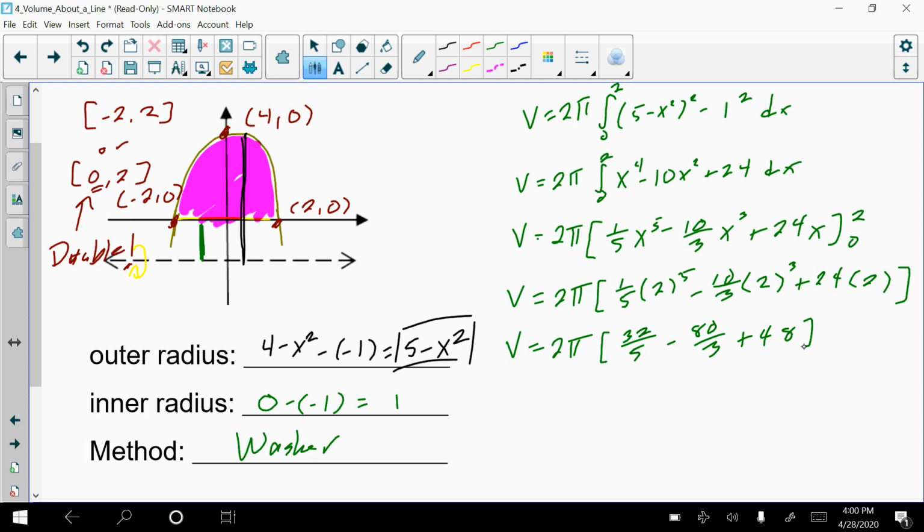I know you should be able to do the arithmetic here without a calculator, but if you need a calculator to get a common denominator to work the fractions for you, I wouldn't hold it against anybody. The common denominator obviously is going to be 15, so we'd have 96 minus 400 plus 720 all over 15.